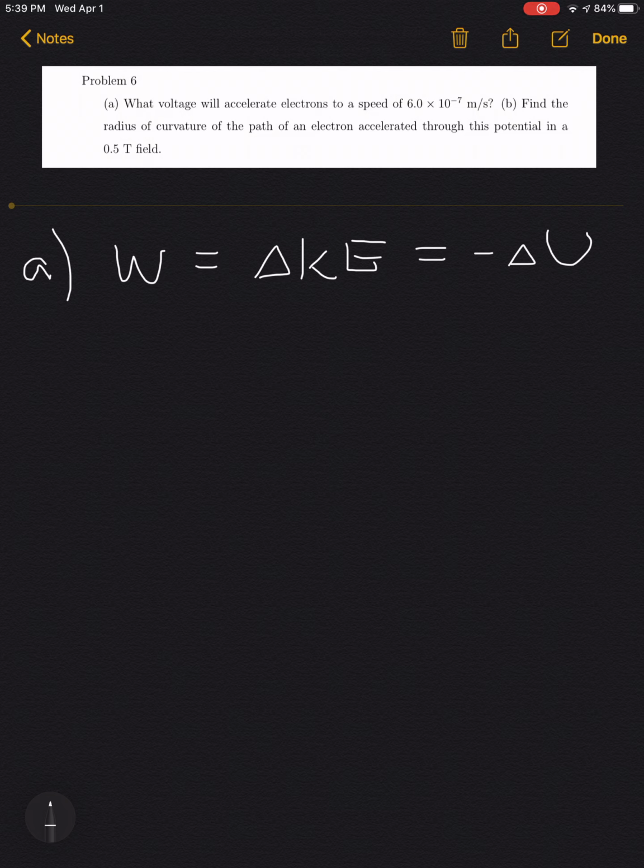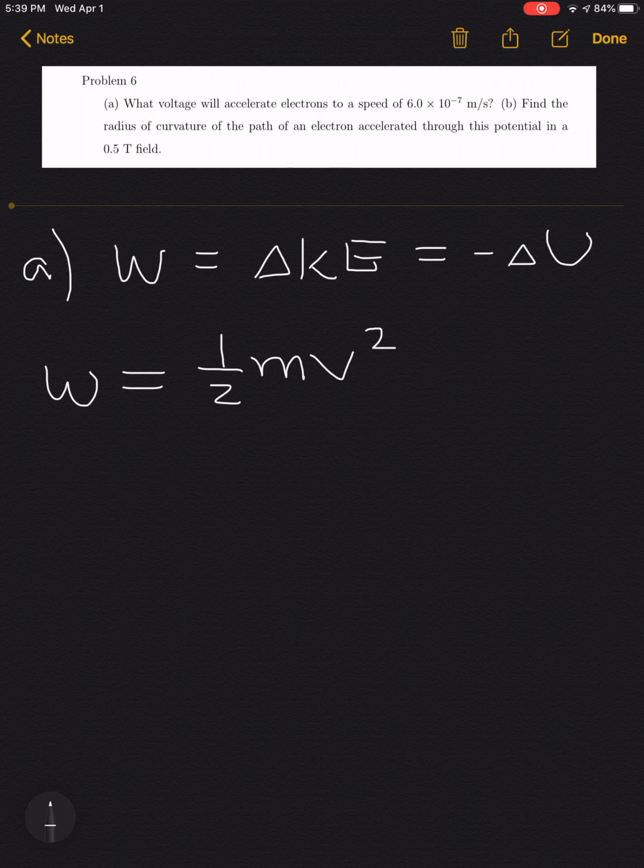Also hidden in this problem is the fact that we want to accelerate electrons to a certain speed, and it seems safe to assume that we were starting with 0 meters per second as the speed. That is 0 kinetic energy. So the work done is equal to just 1/2 the mass of our particle, which is the mass of the electron, which we can just look up, times the velocity of that particle squared.